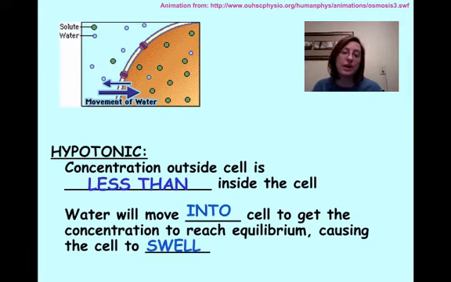Remember what I was saying about the IV transfusion? If you are receiving straight water, 0% solute, that's going to be a lower concentration compared to what's in your cells, or I'm sorry, what's in your bloodstream. And what's going to happen is it's going to cause water to move into your bloodstream to balance out that difference, and it can cause cells to swell to the point that they will burst.